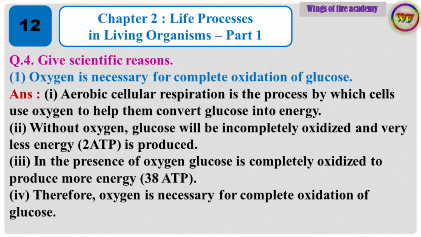Without oxygen, glucose will be incompletely oxidized and very little energy, 2 ATP, is produced. 3. In the presence of oxygen, glucose is completely oxidized to produce more energy, 38 ATP. 4. Therefore, oxygen is necessary for complete oxidation of glucose.